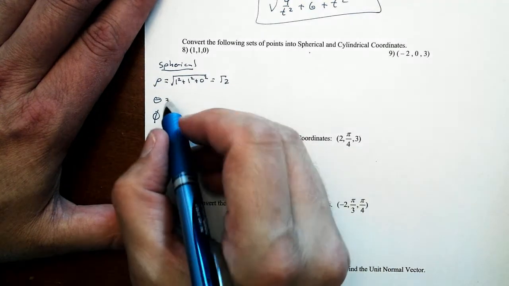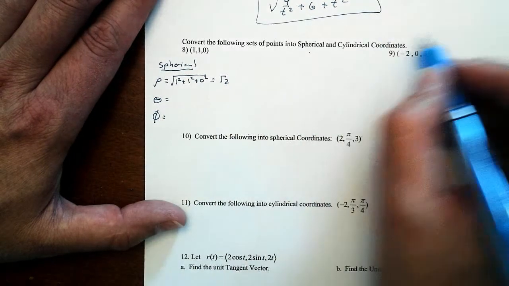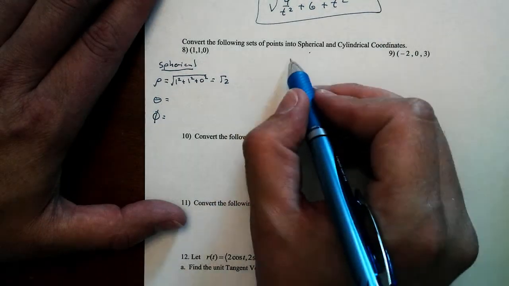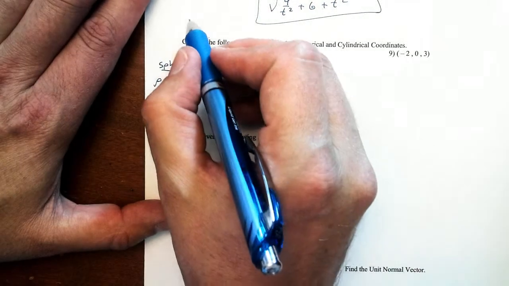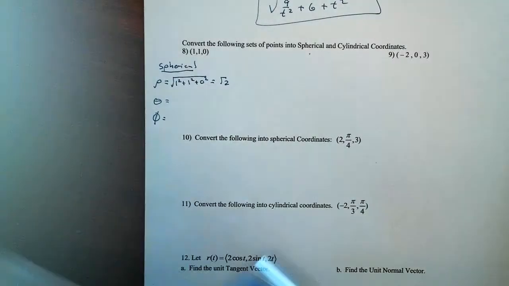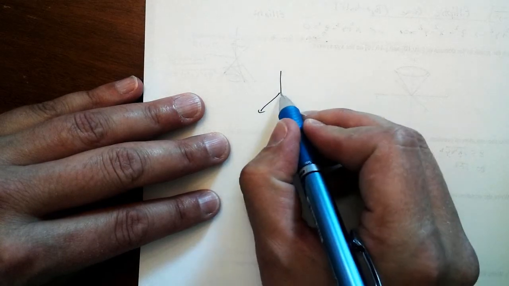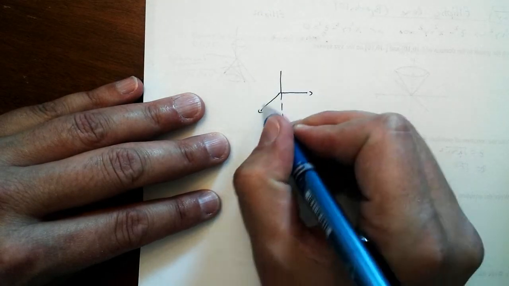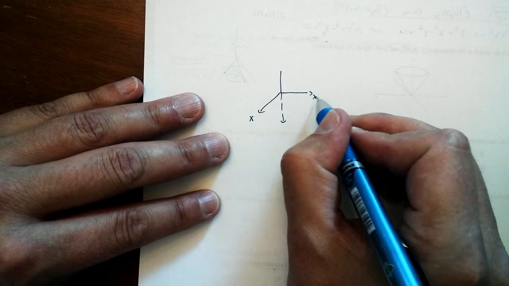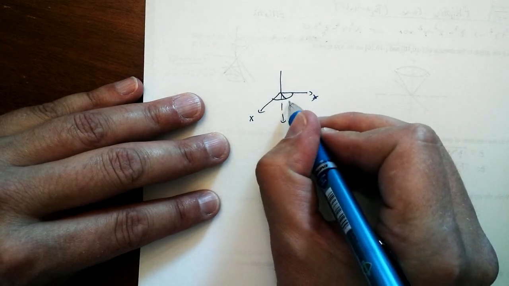To get theta, remember, if we look over here, sorry. Let me get another sheet of paper up there for you. Remember, when we look in spherical coordinates, on the xy plane, that's how we get our angle theta.